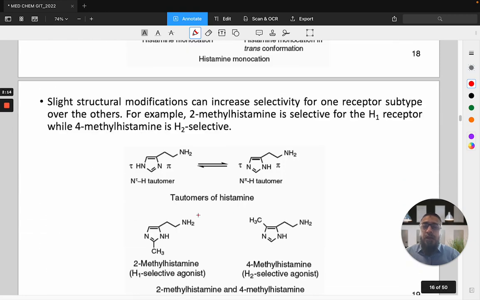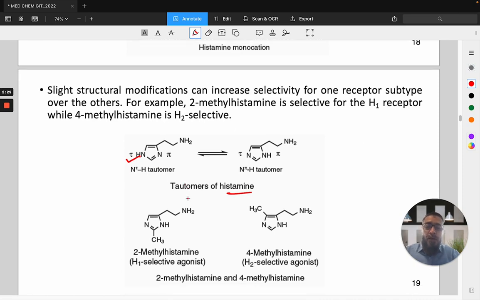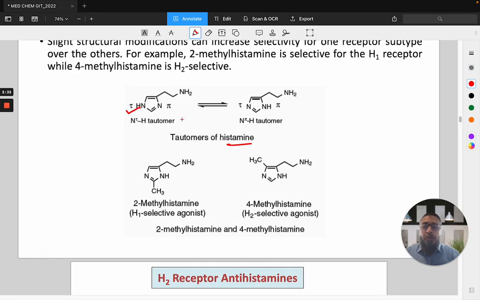And then these are the different tautomeric forms of histamine. This is one tautomeric form, and this is the second tautomeric form, in which the only difference is the placement of the hydrogen, right? So these are some of the molecules which have been synthesized by looking at the structure of histamine with different substitutions, to see whether these molecules have the ability to bind with the histamine receptor, and what will be the effect on the H2 histamine receptor.